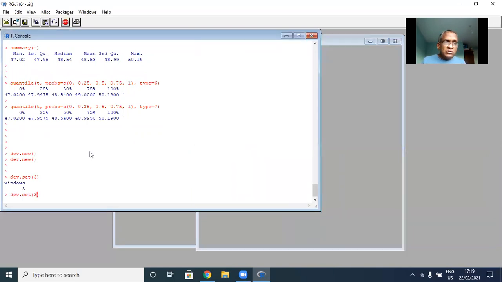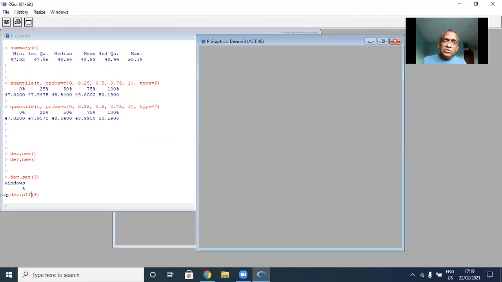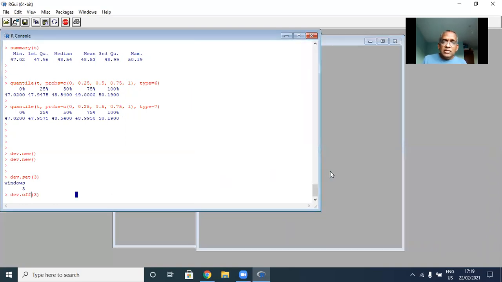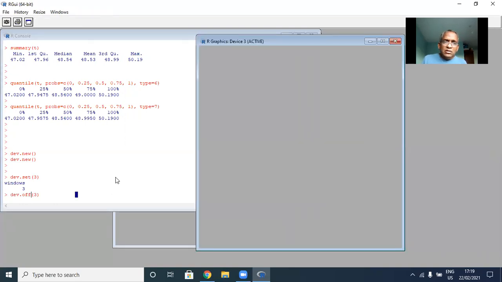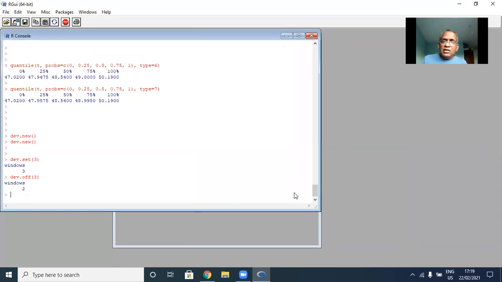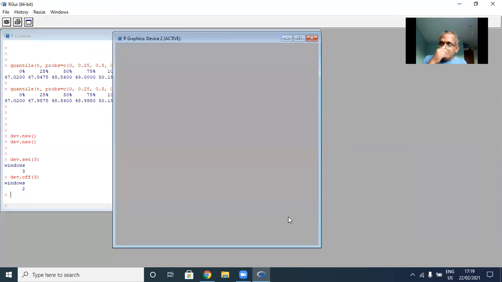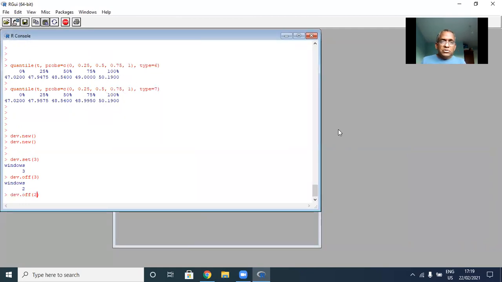So anything that you plot or draw will be on this device, on this window, right? Okay. Now, if you want to remove the window with number 3, then you use the command dev.off. Let me show you. Now I have removed the window with number 3. And I can also remove this window by changing this to 2.